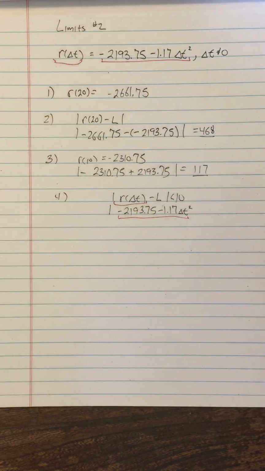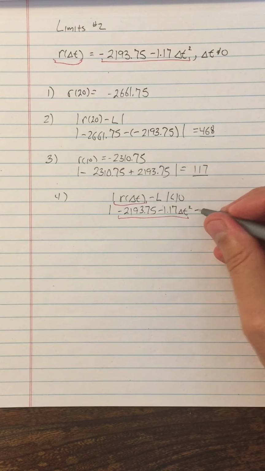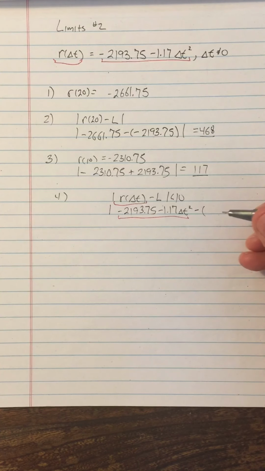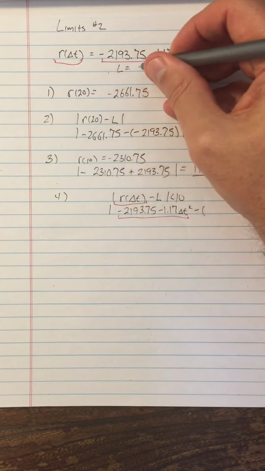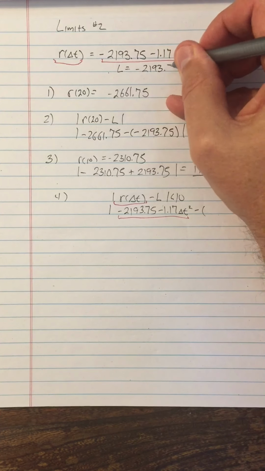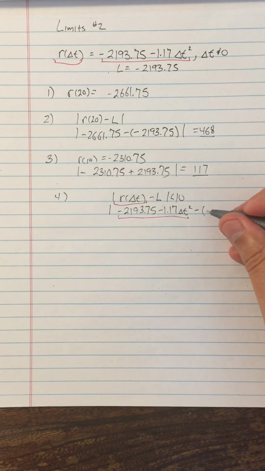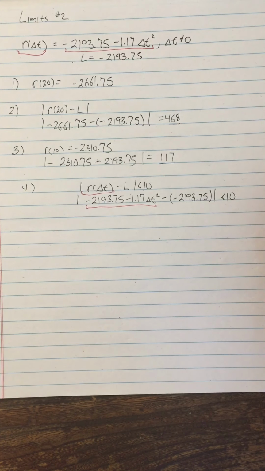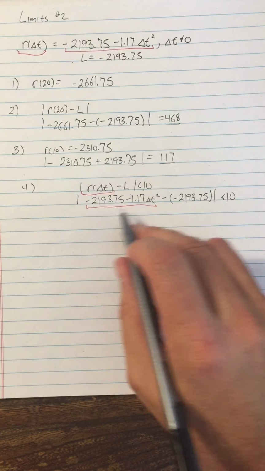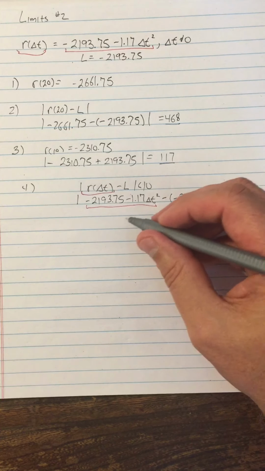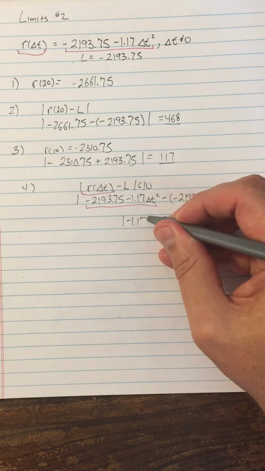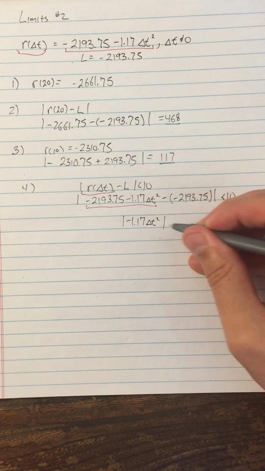And then I have minus L, and our L is negative 2193.75, because we're going to keep coming back to that. So minus negative 2193.75 is less than 10. All right, so you probably noticed right away that we can cancel the 2193.75s and just end up with absolute value of negative 1.17 delta t squared is less than 10.